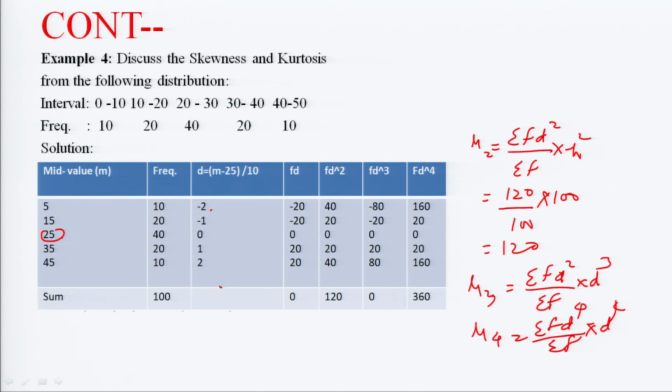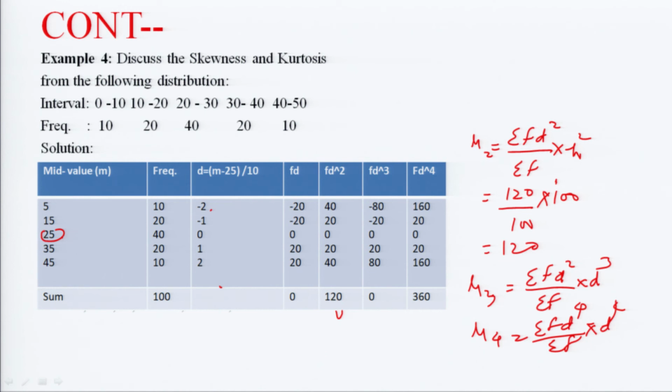Mu 2 is equal to summation f d square divided by sum of frequency into h square. F d square is 120, and h, the length of interval, is 10. So 120 divided by 100 into h square, where the sum of frequency is 100, means we get this.